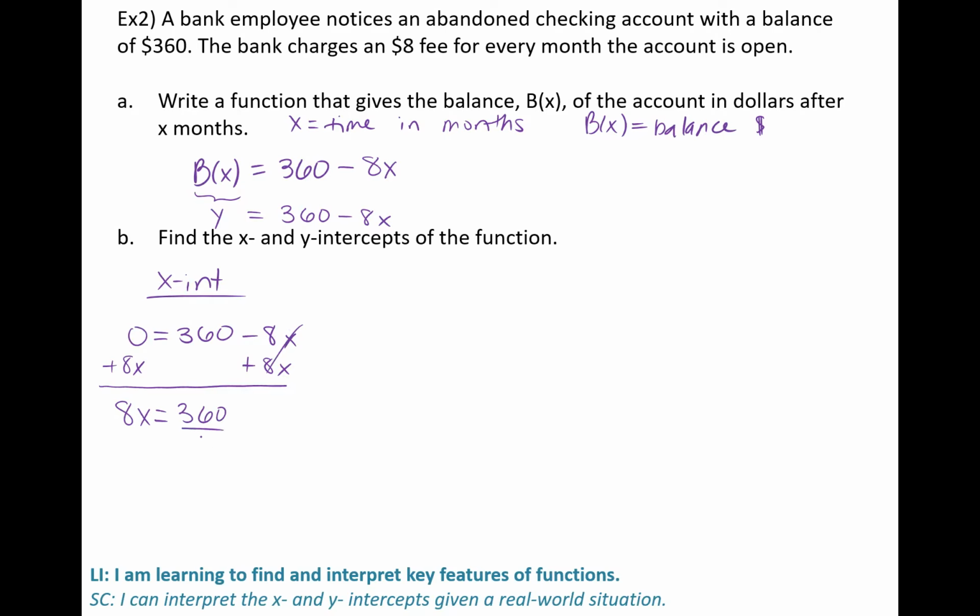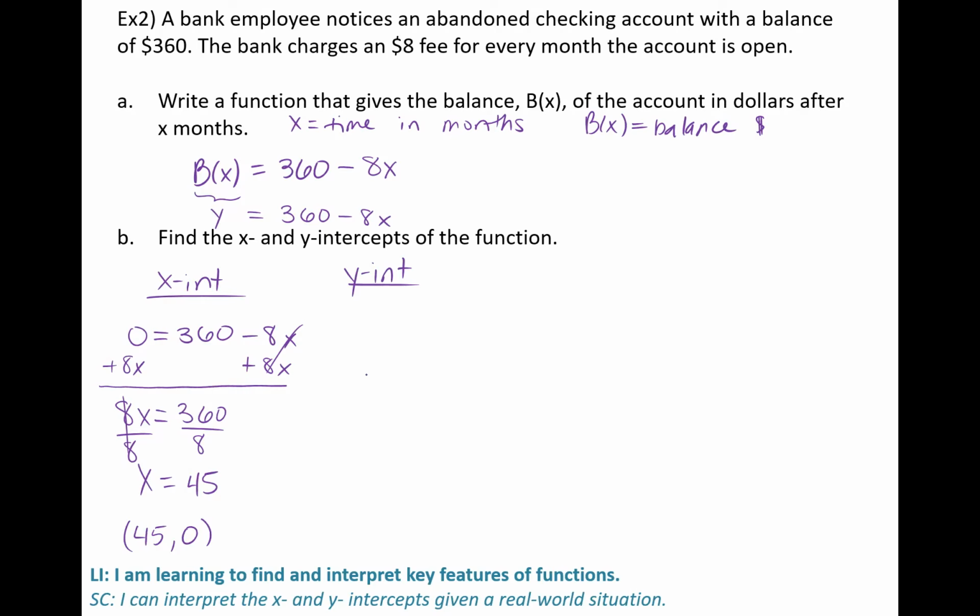Then I would quickly divide both sides by 8, and I get x equals 45. All right, so my x-intercept, to put that into an ordered pair, would be 45, 0, the x value, and then the y value. Then I would need to find the y-intercept.